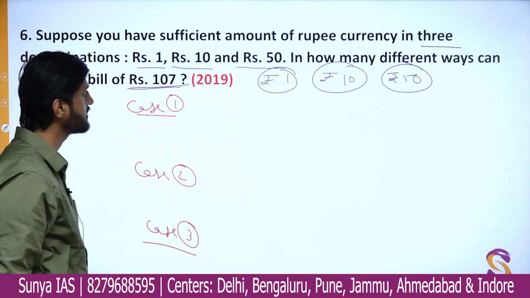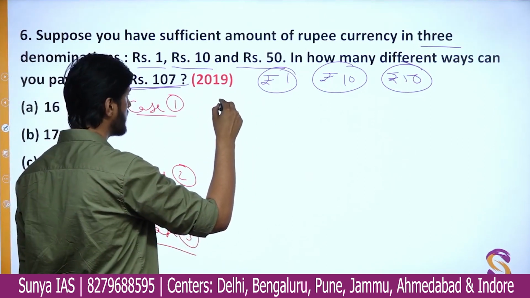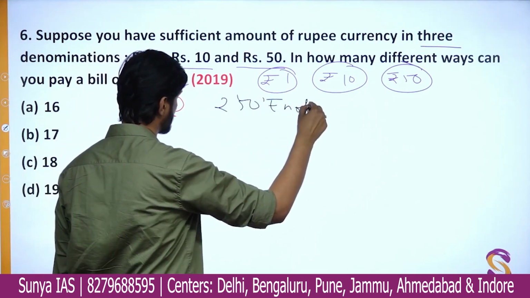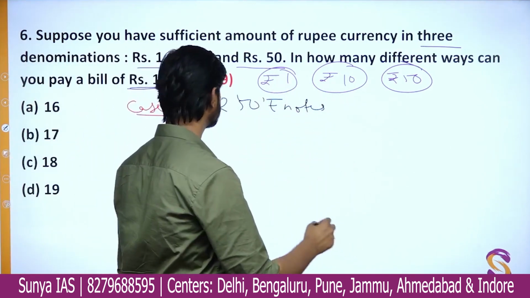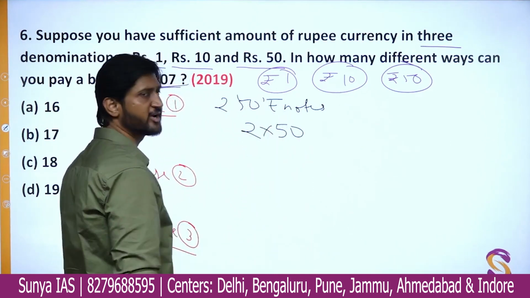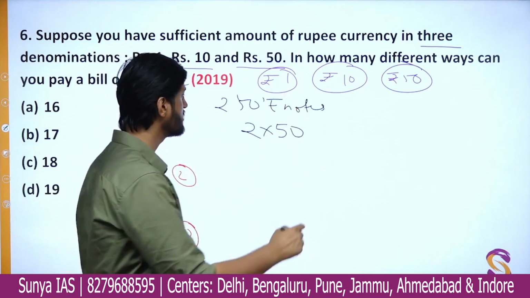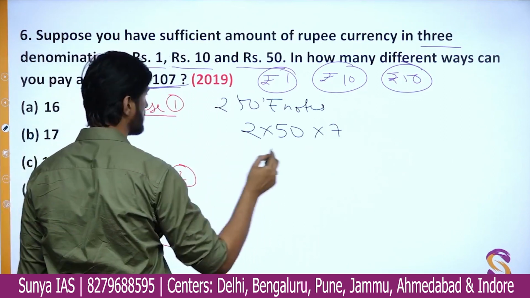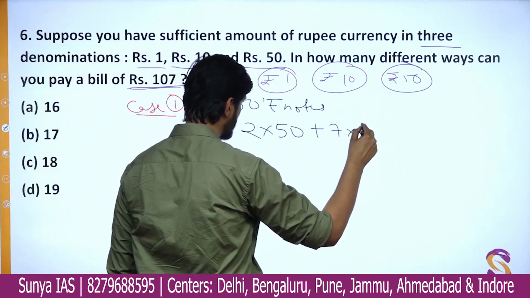So in the first case we are having 2 50 rupee notes for payment. So now you are paying using 2 50 rupee notes. So you have 2 times 50. This makes the amount to be 100. Now in order to make it 107, you just need 7 1 rupee coins. So you have plus 7 into 1 rupee coins.